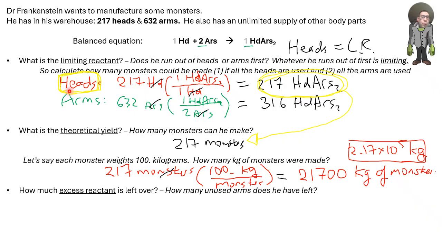Right? We know we have 632 arms to start with. We used a certain number, and we have a certain number left. And so the arms used is going to be as follows, right?